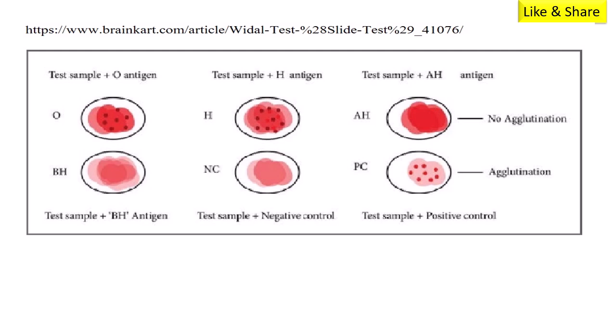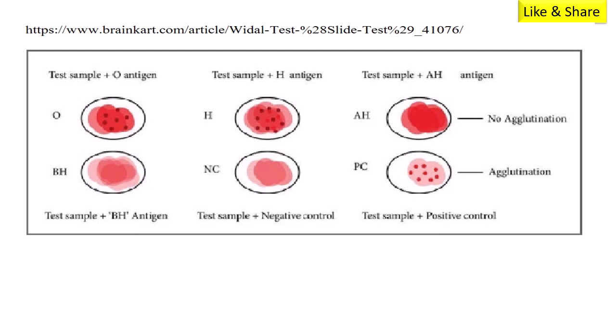In each labeled circle, put a drop of serum and add one drop of the corresponding antigen suspension in these circles. Clear? And mix it with an applicator.